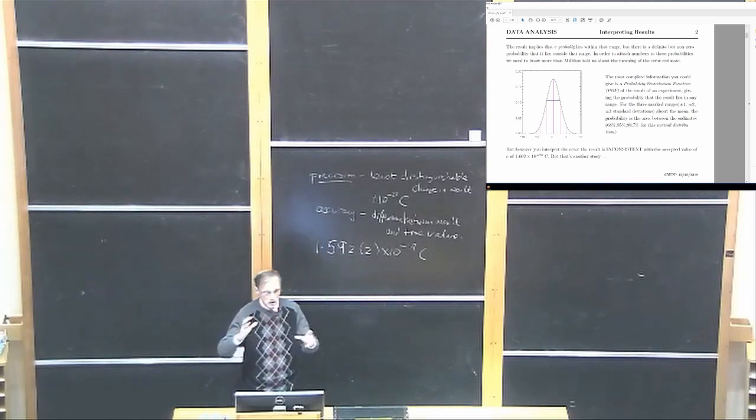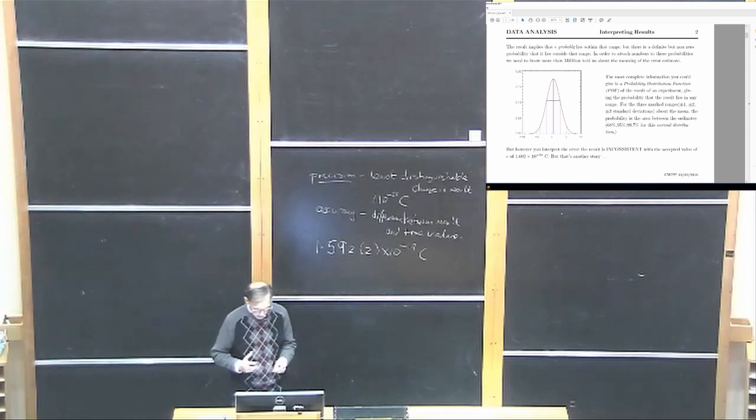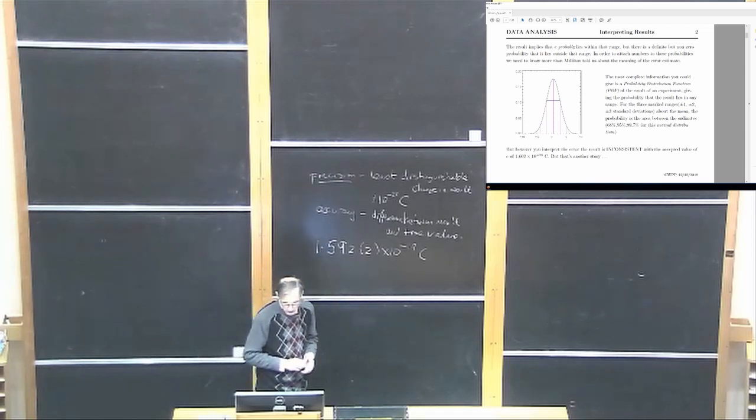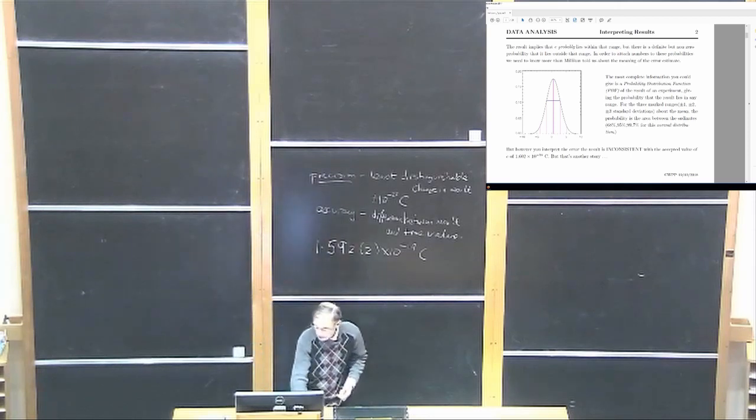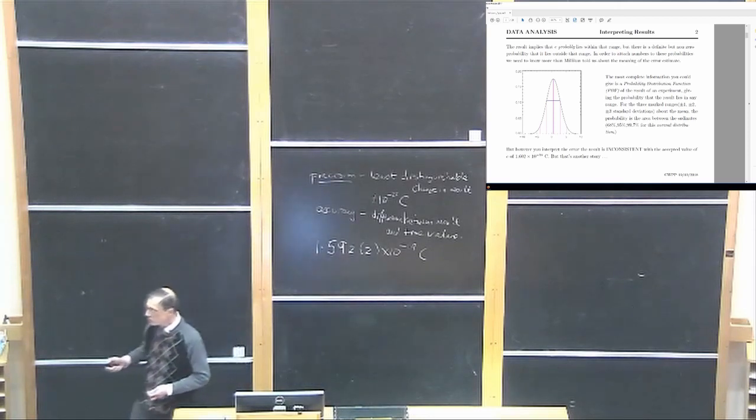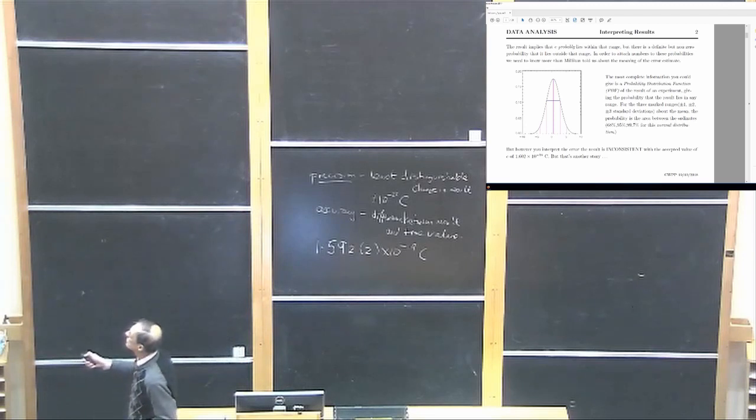So if you had an enormous number of measurements and you plotted their values, they would form some distribution. And the example up there is an example of what's known as a normal distribution, and those of you that did the statistics module in maths will recognise that.